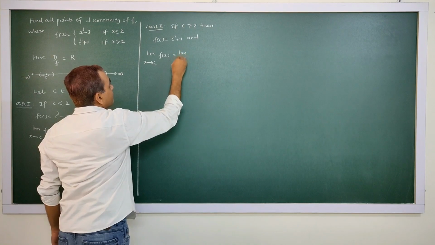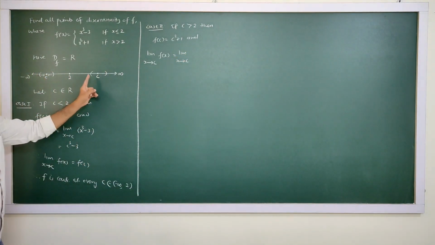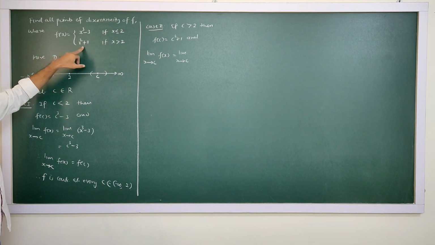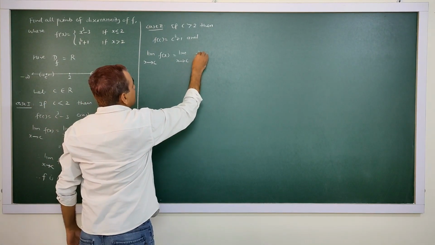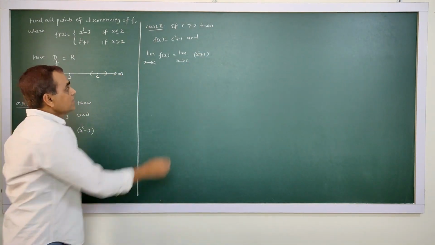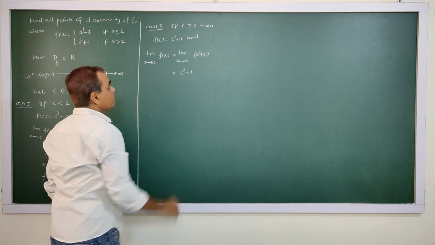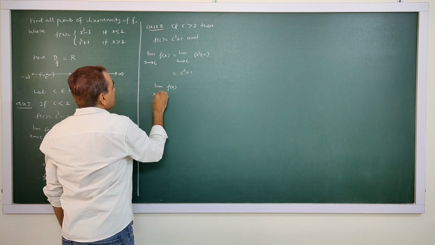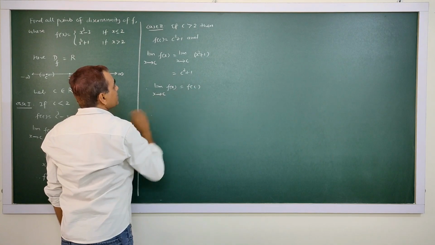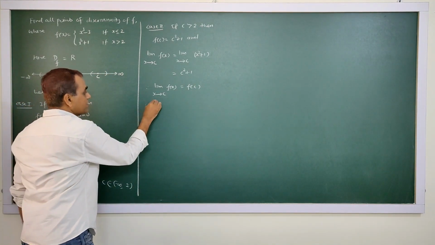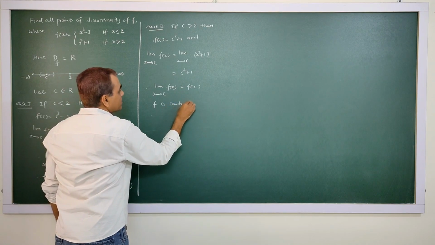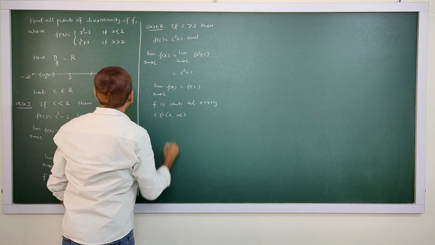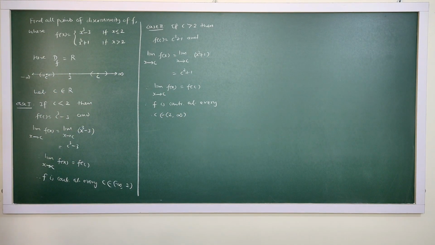So limit of f(x), when x tends to c, all x will be more than 2. X is more than 2, f(x) is x square plus 1. So taking here c, it is c square plus 1. Therefore, limit of f(x), x tends to c is f of c. So function is continuous at every c belonging to 2 to infinity. Now case 3.